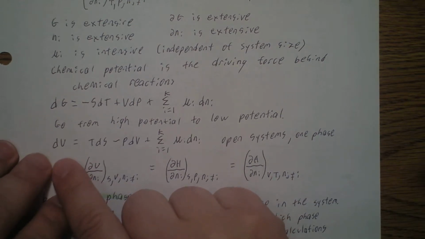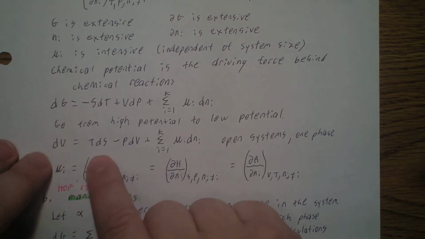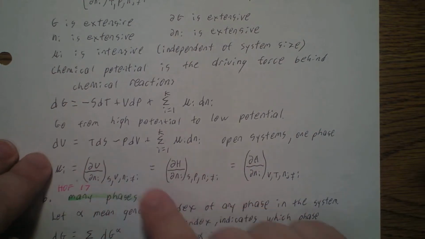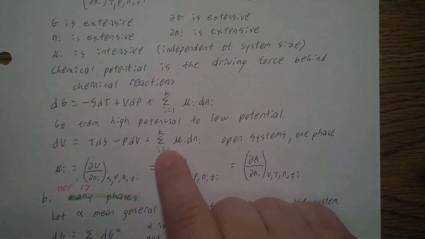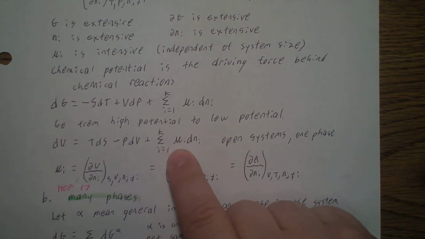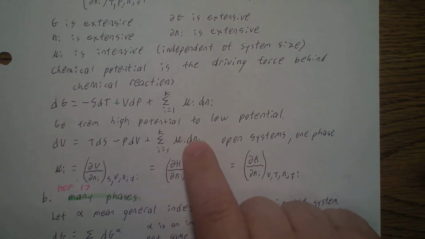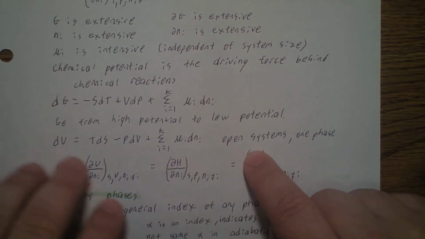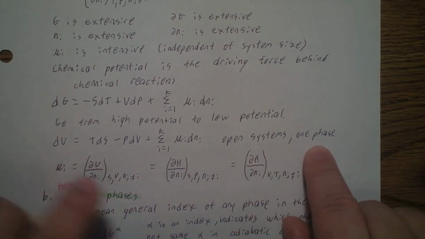So the differential of the internal energy, similarly, would be temperature times the differential of entropy minus pressure times the differential of volume plus the same sum. The sum from substance i equals 1 to K of the chemical potential of substance i times the differential of the number of moles of substance i. So this is the formula for open systems, but still only one phase.